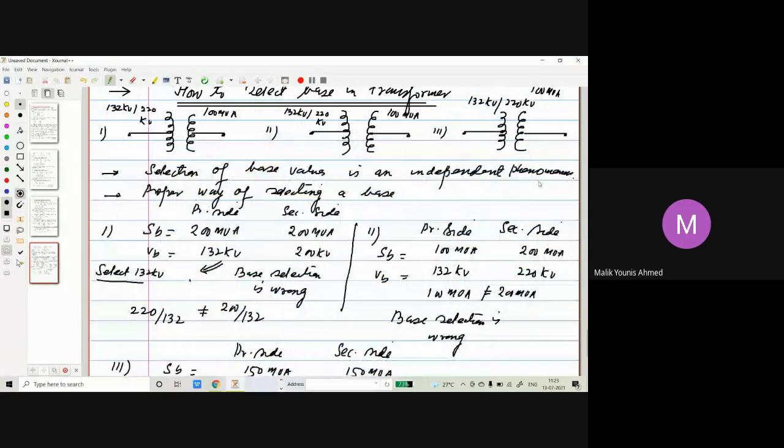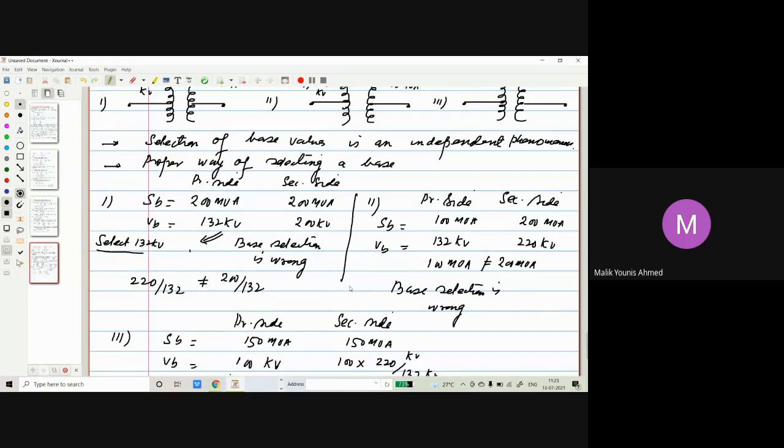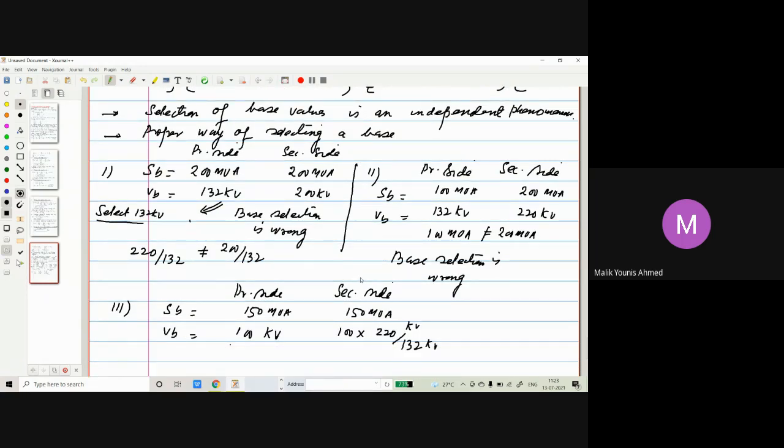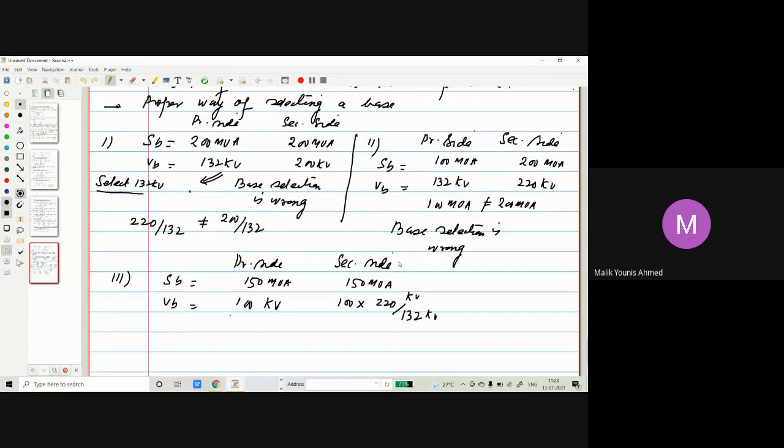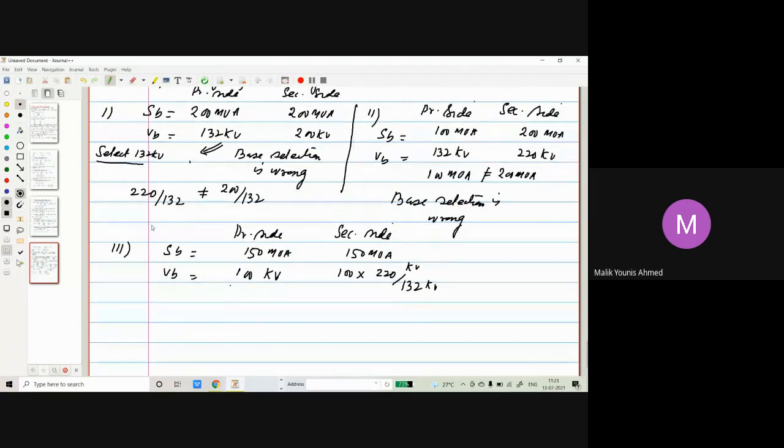So whenever we select a particular base value on the primary side of the transformer, the secondary side base will always be selected by multiplying the primary base value by the transformation ratio, that is secondary by primary. This is the way you can get the appropriate value on either side of the transformer. So this is the correct method.